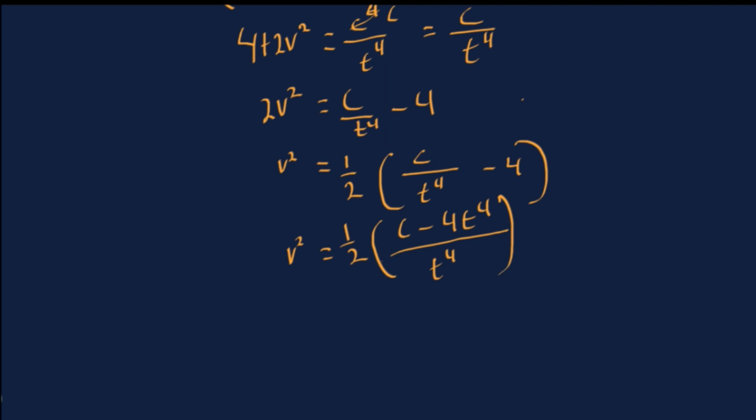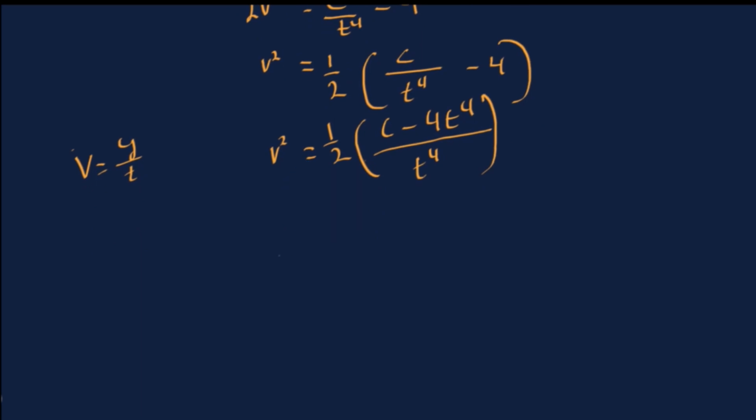At this point, we can actually back substitute and make this in terms of y. Remember that we said v was equal to y over t. So when we back substitute, our equation now becomes (y over t) squared, which is the same thing as y squared over t squared, is equal to 1/2 times (c minus 4t to the fourth) over t to the fourth.